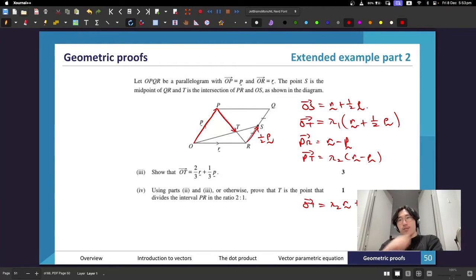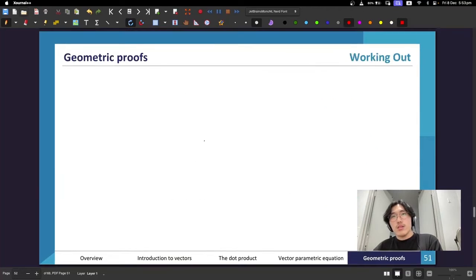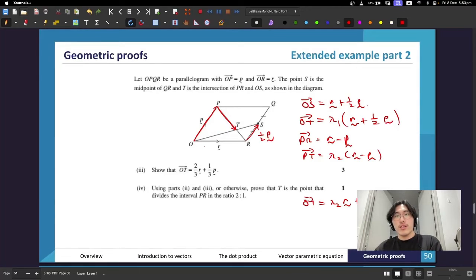So this one is coming from the addition of OP. Let's do this next part in the next question.